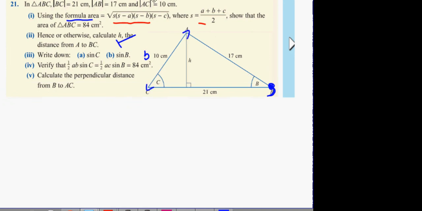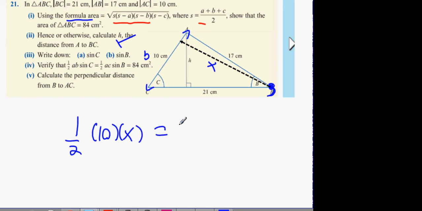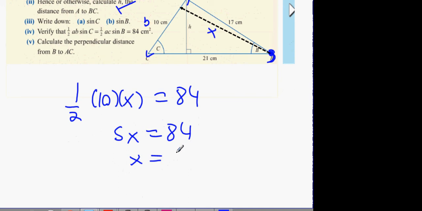That's the new height and the base is 10. So a half 10 by X has to equal 84. Then we're going to get 5X equals 84. What's 84 divided by 5? 16.8? Yeah. Okay, 16.8 centimeters. Okay guys, stop there. What you guys got?